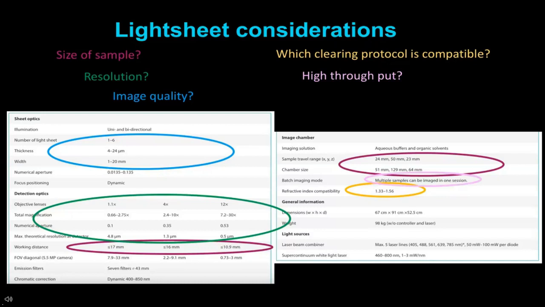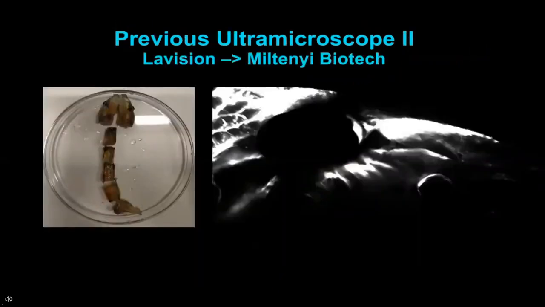Then how much throughput can you get? This of course depends on how much you can fit into the microscope, but also in terms of the software, if you can set up the microscope for acquiring several samples in one session. So it's more automated.